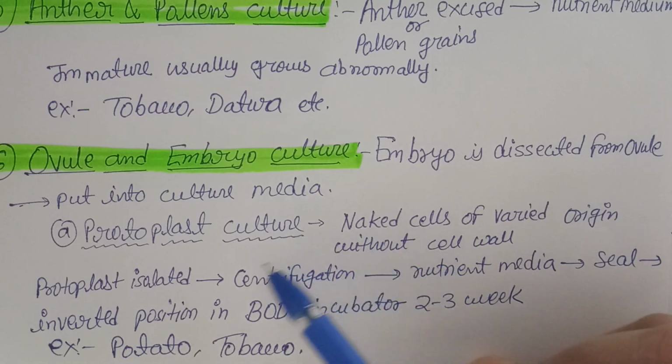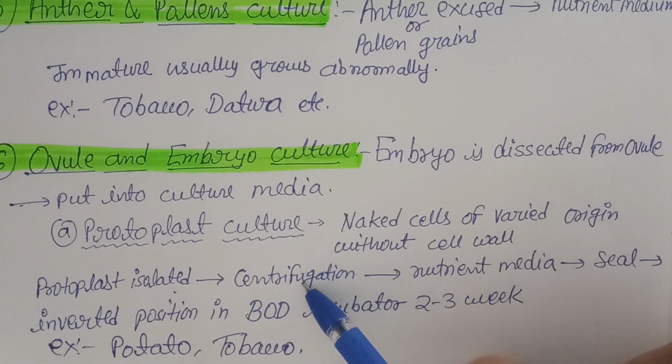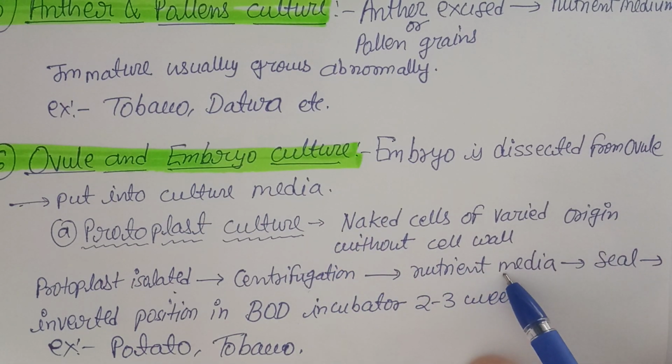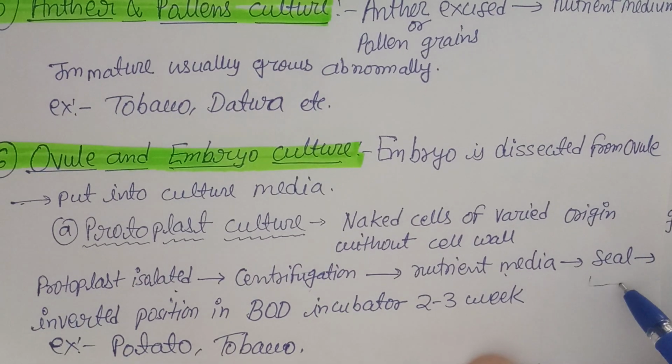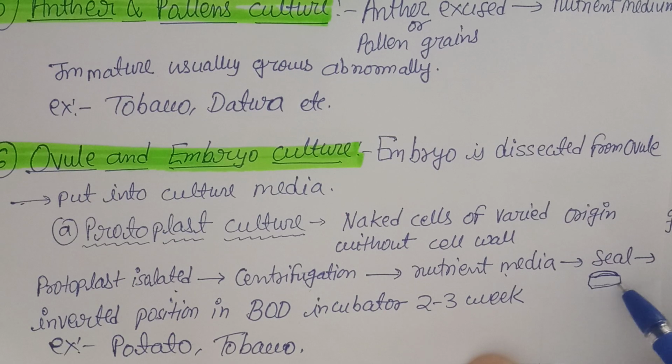By different methods, for example here the protoplast is isolated by centrifugation, subjected to centrifugation at a specific rpm for a certain period of time. Then the cell wall will be broken, and again we put it into the nutrient media and seal it. If you are taking petri plates, they have to be sealed properly, right, with wax or something like that.